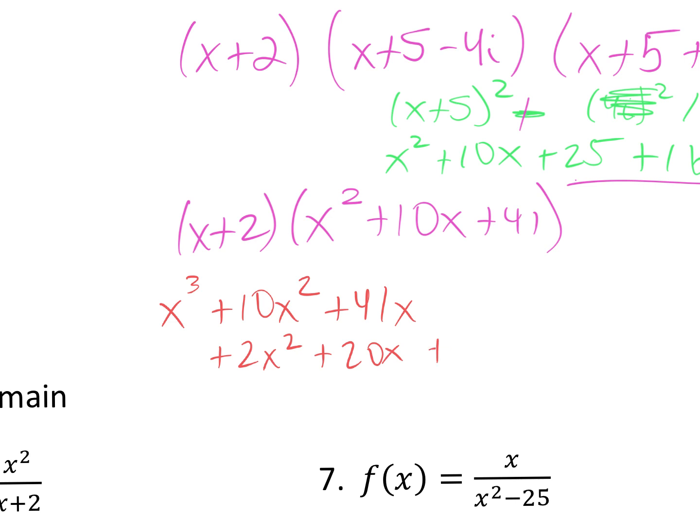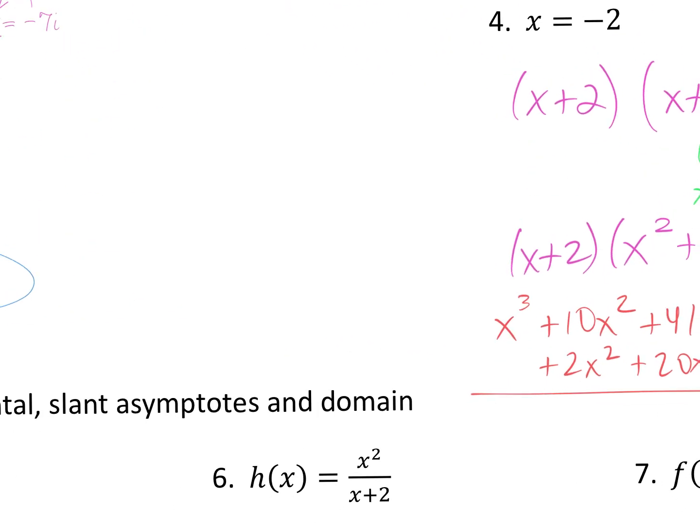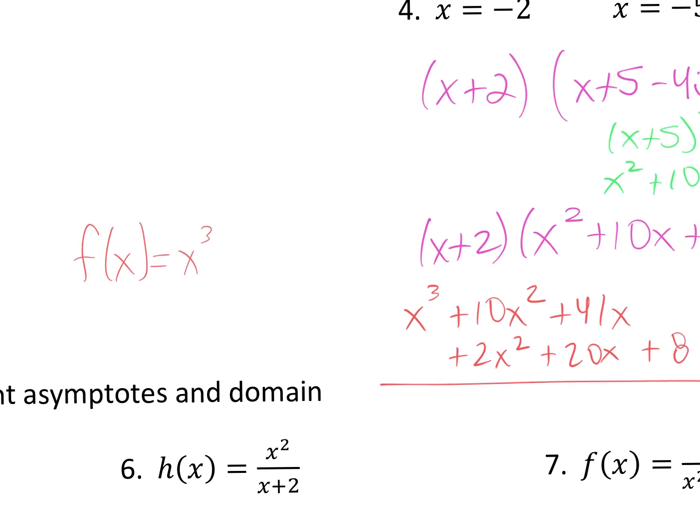And 2 and 41 is plus 82, right? So now we combine, combine, and we write our answer. I have f of x equals x cubed. What's 10x squared and 2x squared? 12x squared, good. What's 41 and 20? 61x, and then plus 82.